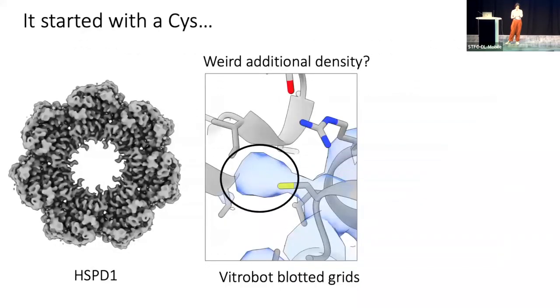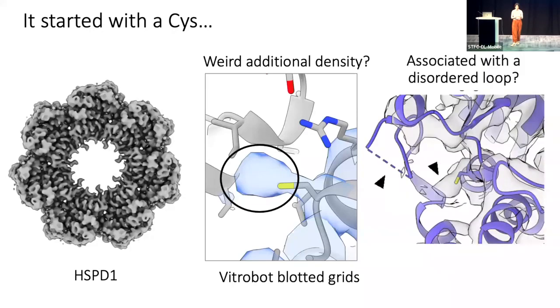So in this next stage of the project, as part of the work that I've just described, which was published back in 2020 now, David Clevel, so again a PhD student, spent an awful lot of time looking at HSPD1, which is this protein, and he ended up noticing that on this particular cysteine, which is a surface exposed cysteine on this protein, there was a weird additional density associated with this.